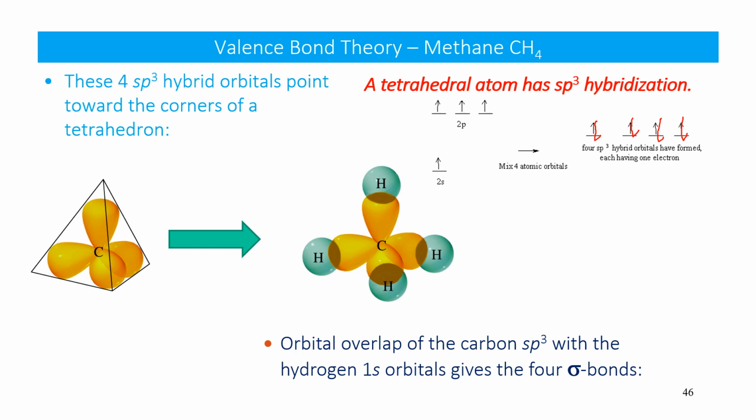So each carbon has an electron in each of its hybrids, and then of course there's a hydrogen with an electron in its 1s, realizing our octet.